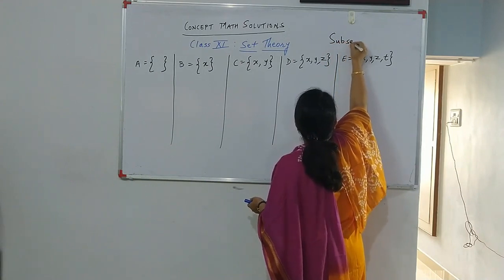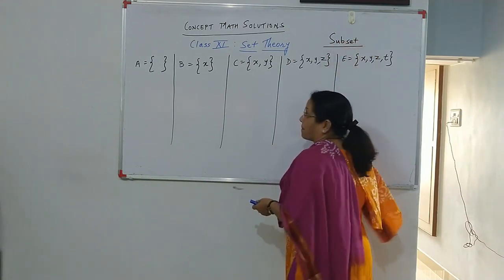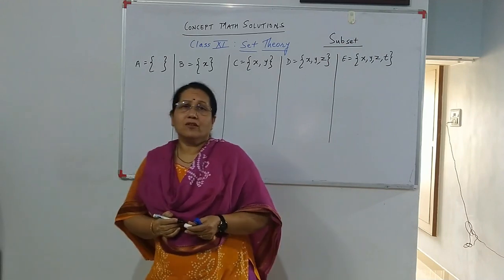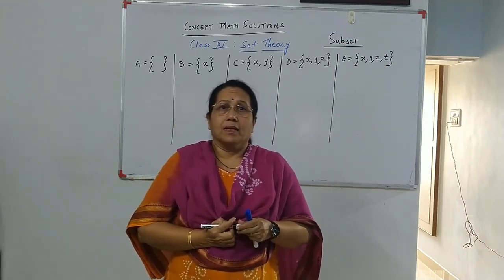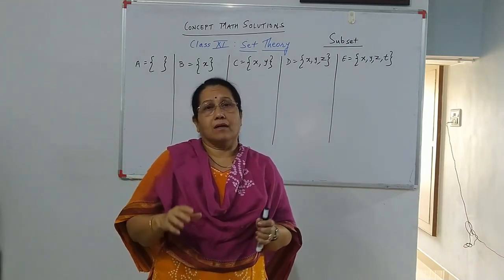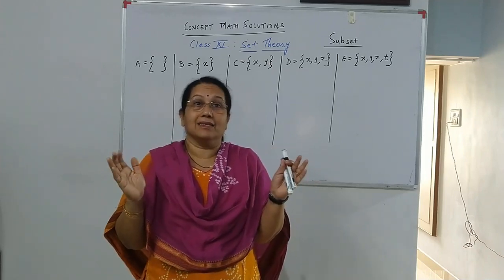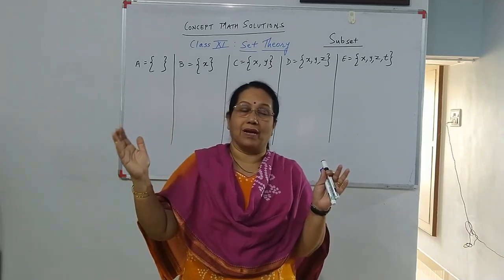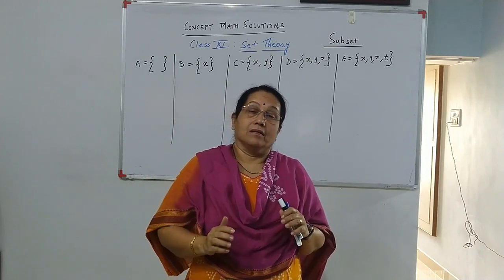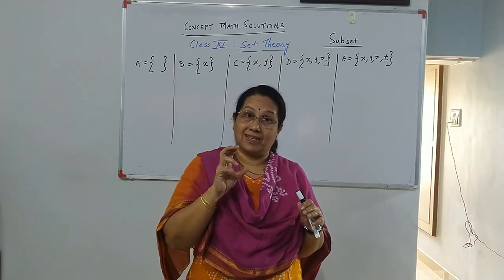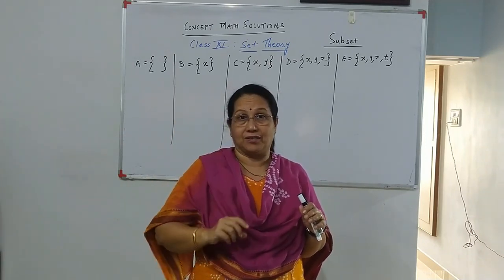about subset of a set. Now when you say subset, like your school has class 1, 2, 3, 4 up to class 12, say. Yours is class 11, say A section.